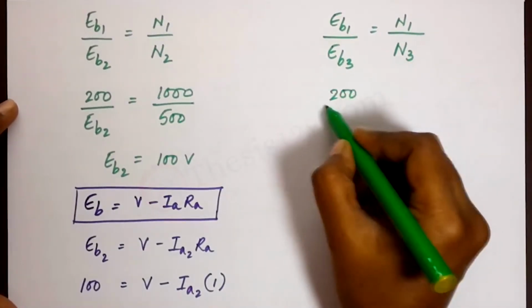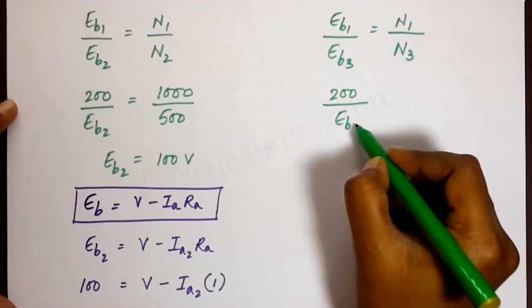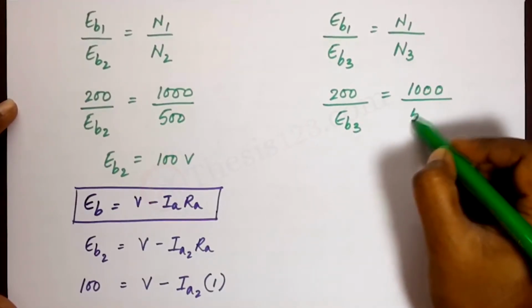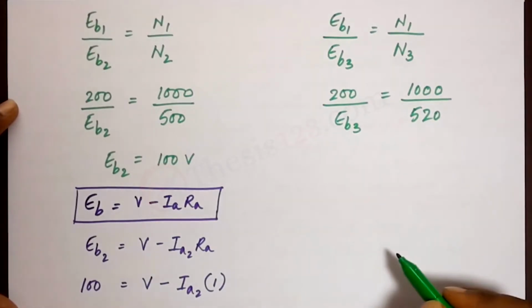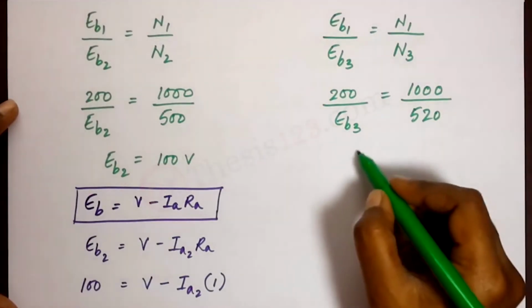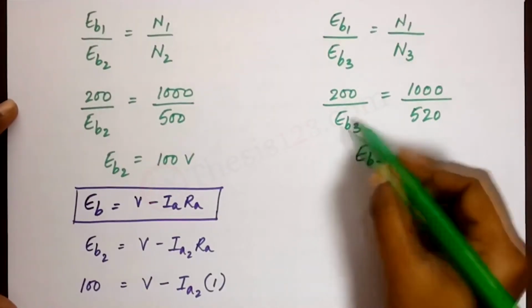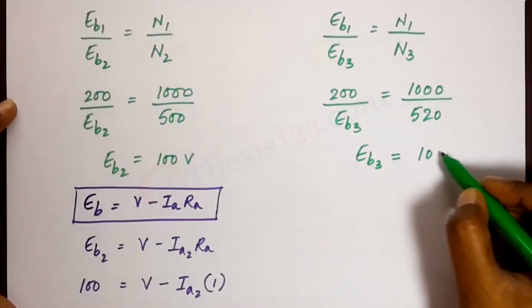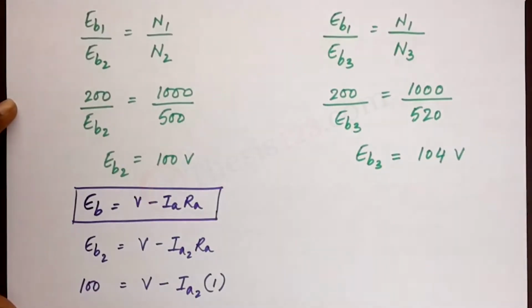We would have 200 divided by EB3 is equal to 1000 divided by 520. Since that's the speed now, N3 is 520. So EB3, once you cross multiply and solve for EB3, you should get the value as 104 volts.